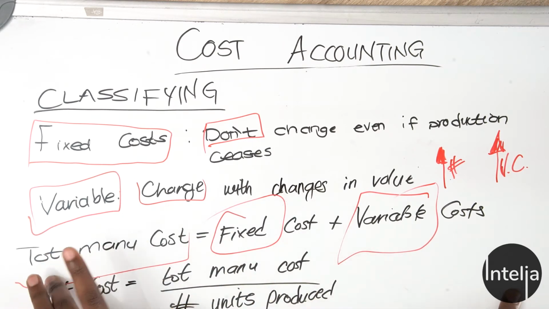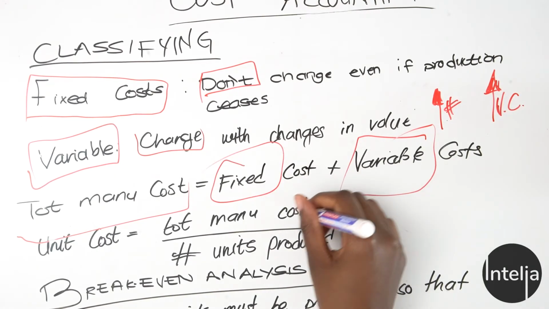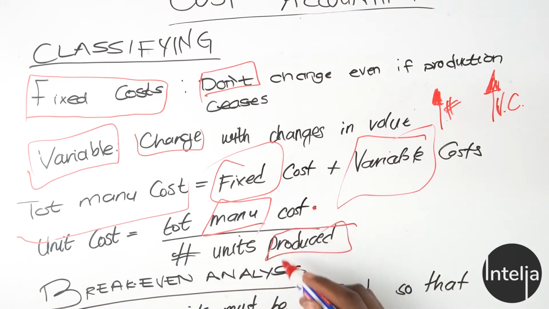Then unit cost is the total manufacturing cost divided by the number of units produced. That tells us how much each unit costs.